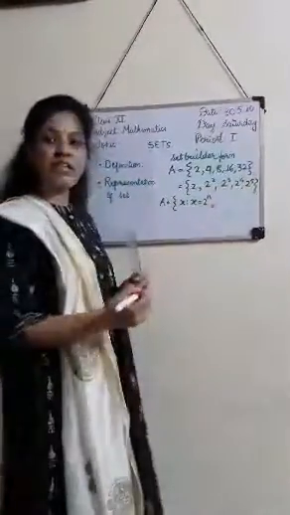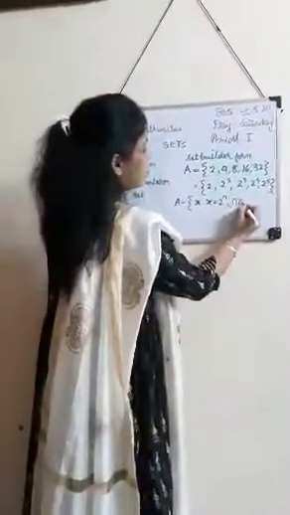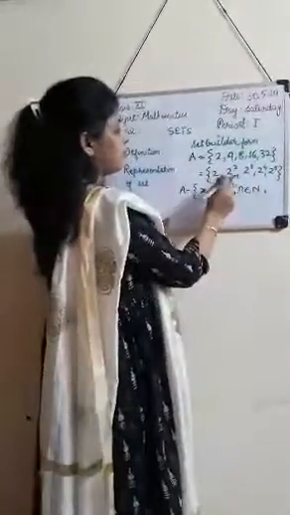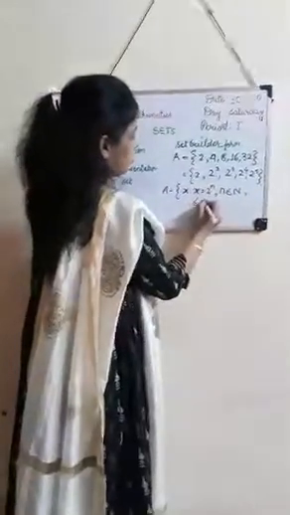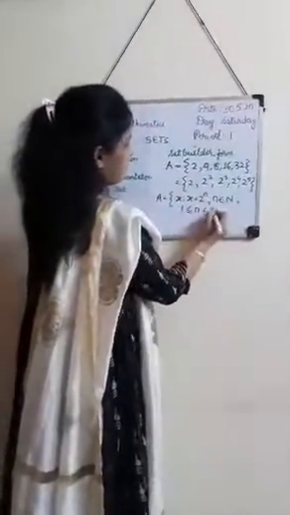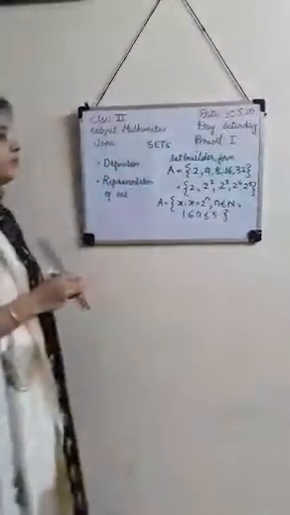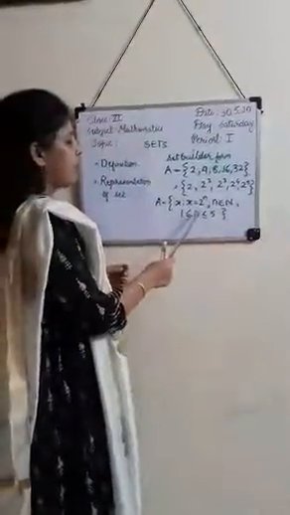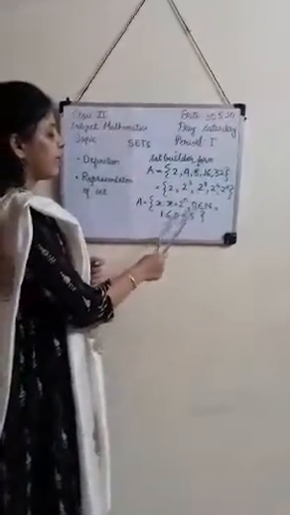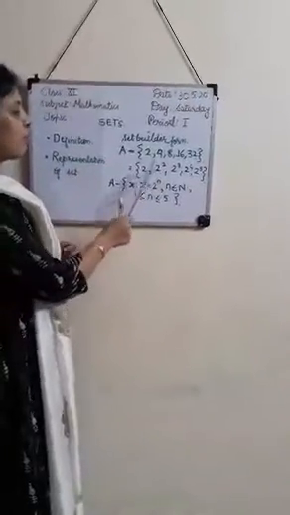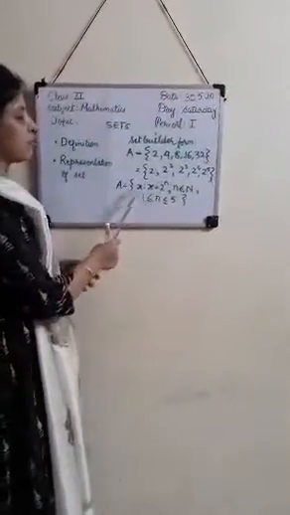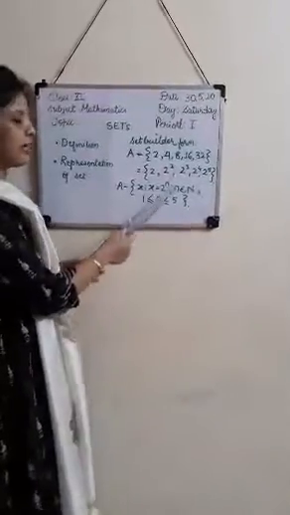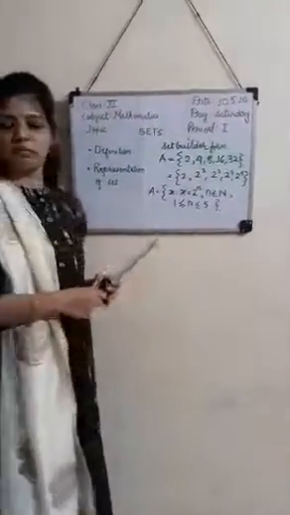So n is a natural number here. n belongs to natural numbers and n is greater than or equal to 1 and n is less than or equal to 5. So these are the characteristics of the elements of this set. So in set builder form it is written like this. Okay, got it?